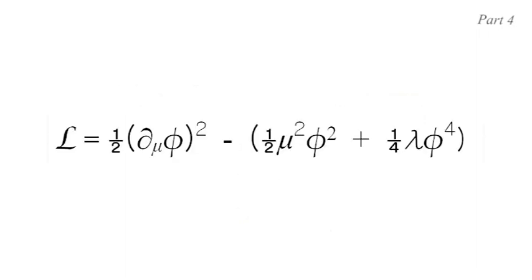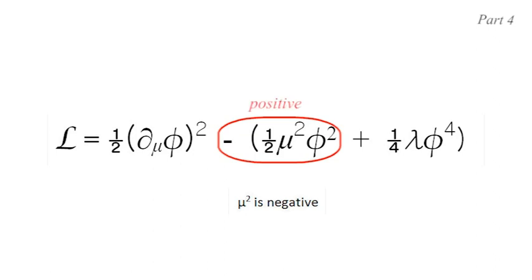The other strange possibility that we have to allow for, however, is the situation if we consider that mu squared could be negative. This would mean that the term minus a half mu squared phi squared in the Lagrangian would actually be positive. There would be two negatives there. The Lagrangian would have a positive phi squared.